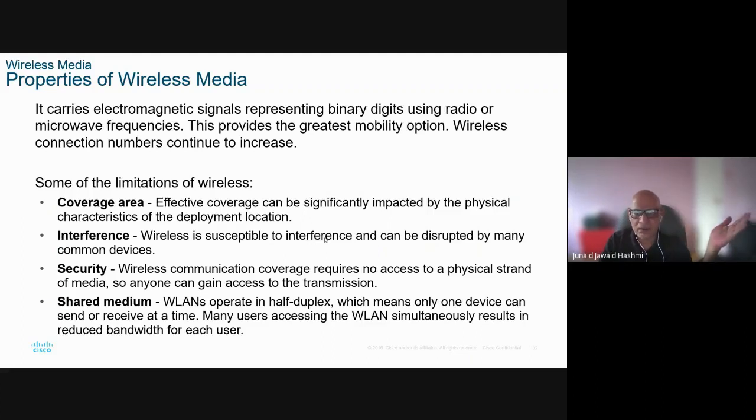Anybody can connect to your wireless network, even though you have a username and password, because they can be stolen. Unlike copper media, where somebody has to physically connect their device to your network. Okay. And since many more users can connect to the wireless network simultaneously, that reduces the bandwidth. So the more users are using a wireless network, the less bandwidth you will receive.